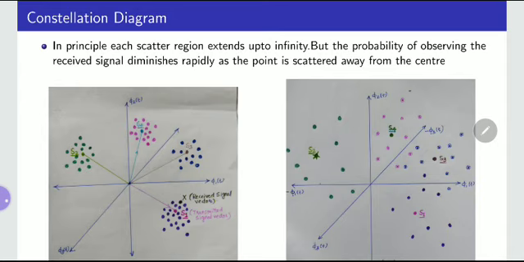But you can see that the tail values in a Gaussian distribution will have very low probability, and the mean has the highest probability. So our mean is S3. So the probability of observing the received signal diminishes rapidly as the point is scattered away from the center.